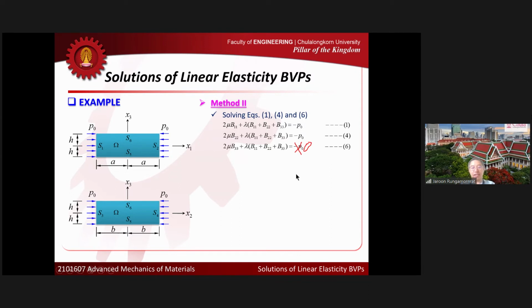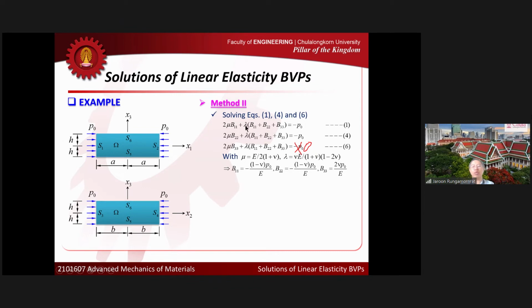Now you can get the constants B11, B22, and B33. I replace mu and lambda back into the equation because the data that we are given is the Poisson ratio and Young modulus. You can plug it in now or later.